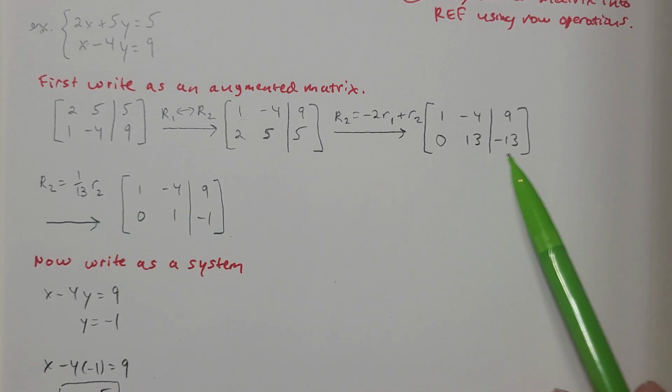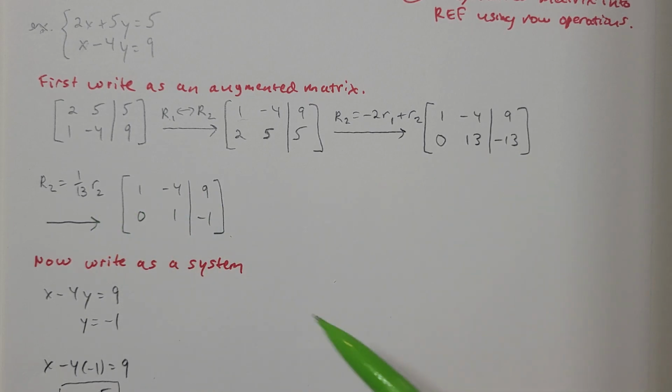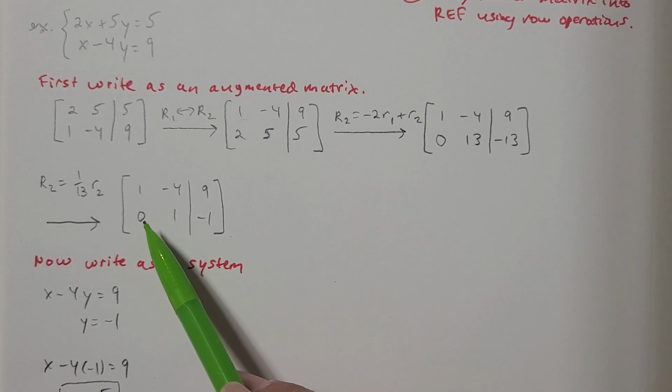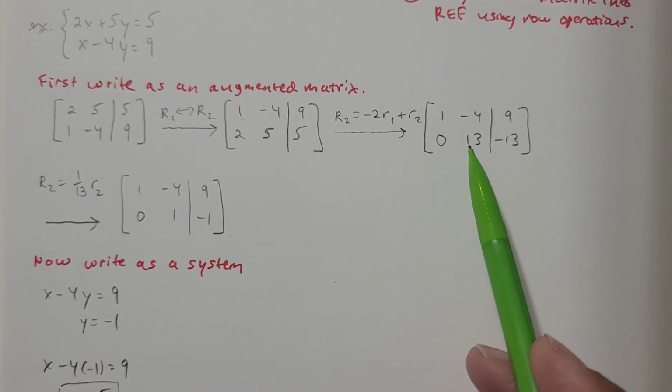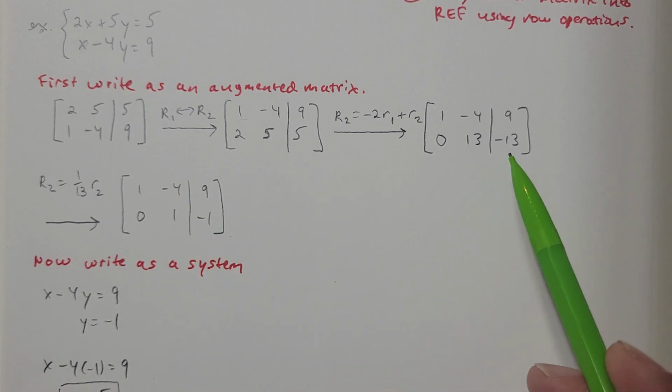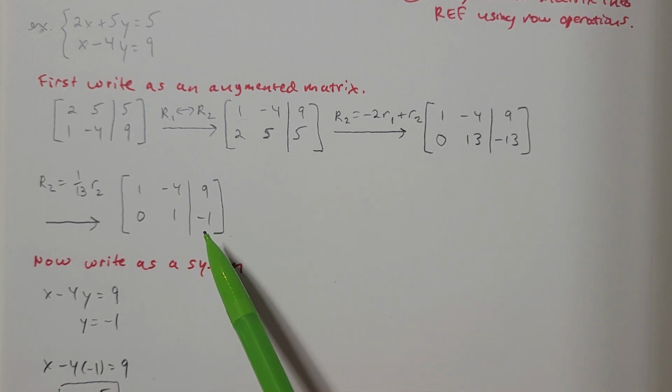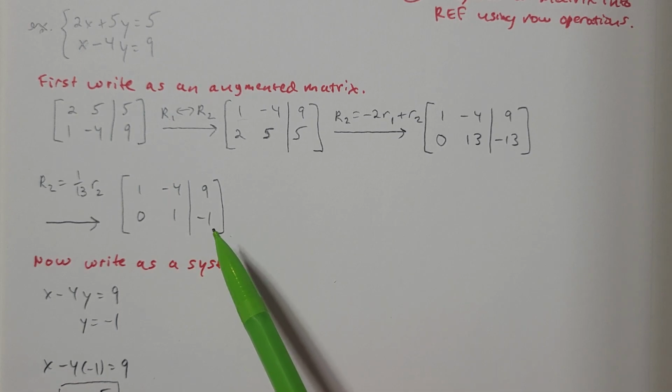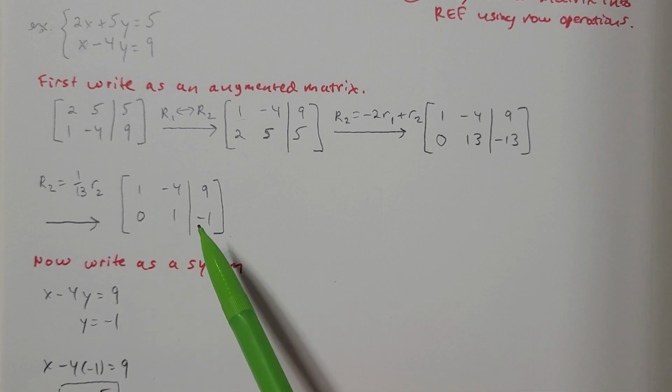Okay, so multiply all these numbers here by 1/13. 0 times anything is 0. 13 times 1/13 would be 1. And -13 times 1/13, that's -1. Okay, so now this matrix is in row echelon form.